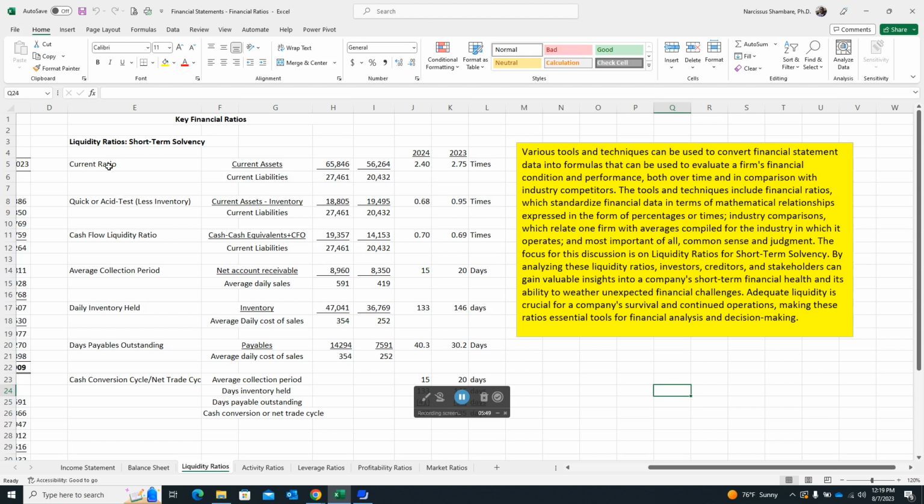So it's very, very important to understand the difference between the current ratio and the quick or acid test ratio, right? We are trying to be as realistic as we can be. What if we go further and say, okay, what if we just look at the cash, the real cash itself, right?